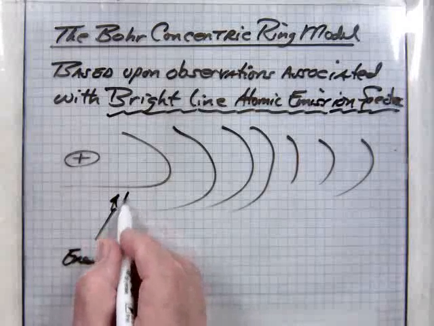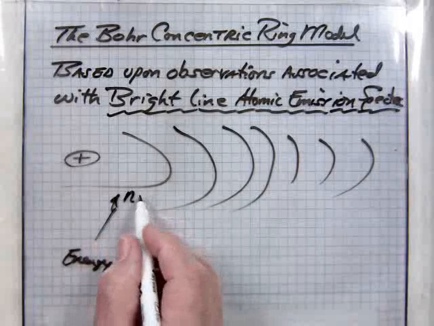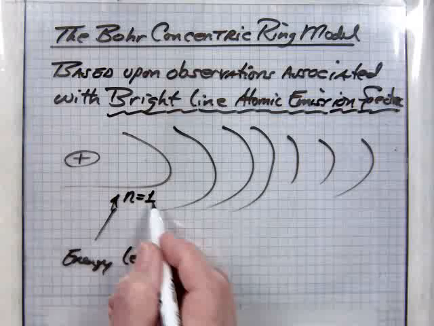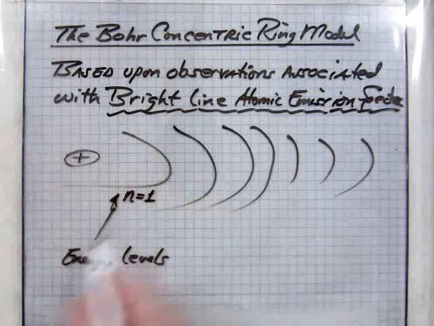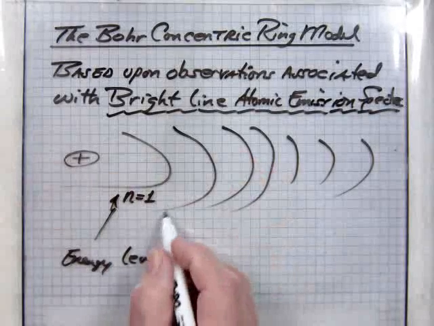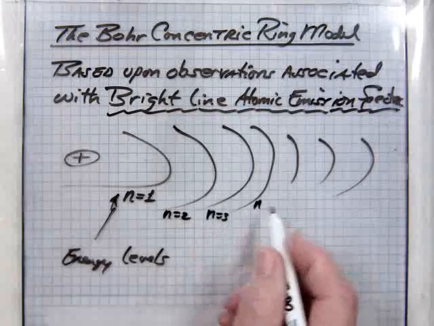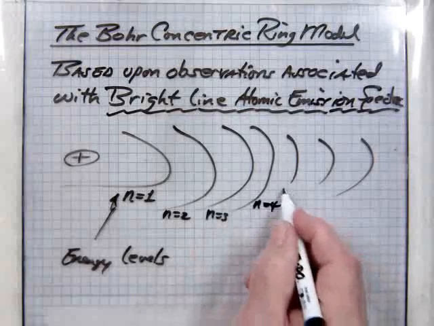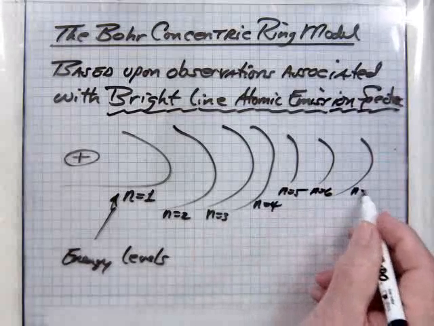We call that energy level, and they're designated by the lowercase n symbol. That's n equal 1. So that's the first ring, called the first principal energy level. And then we'll have an n equal 2, n equal 3, and go on out to n equal 4, n equal 5, n equal 6, n equal 7.